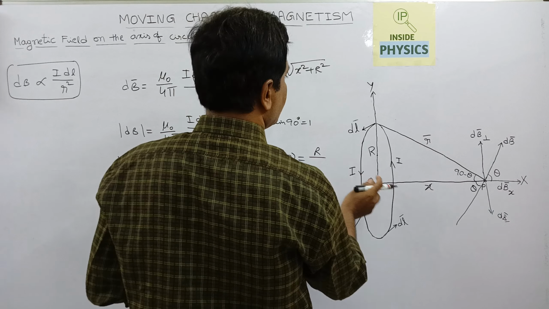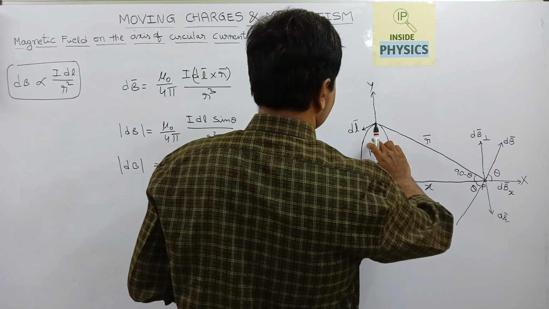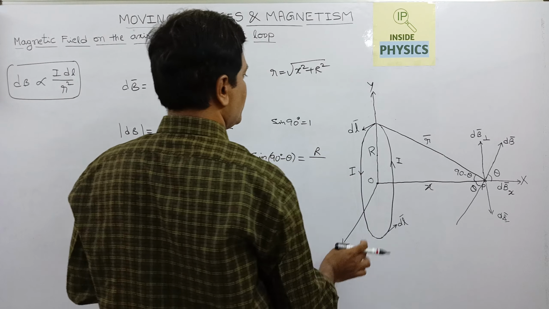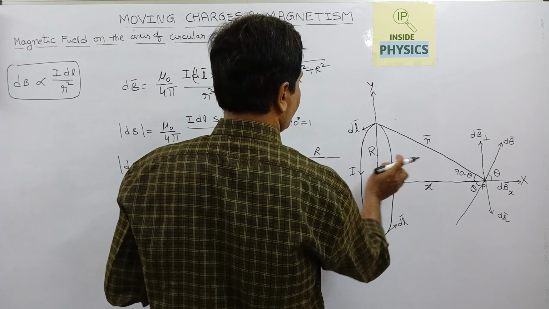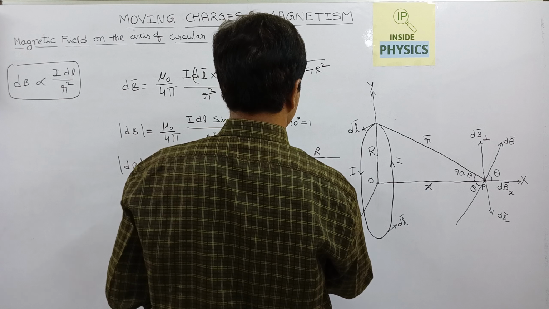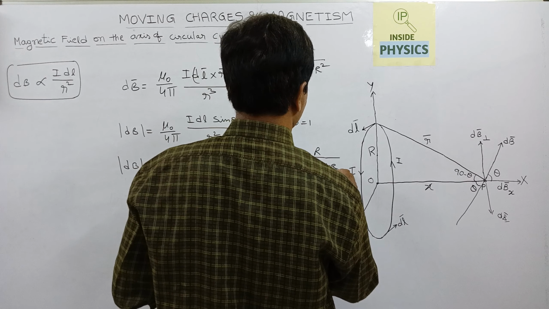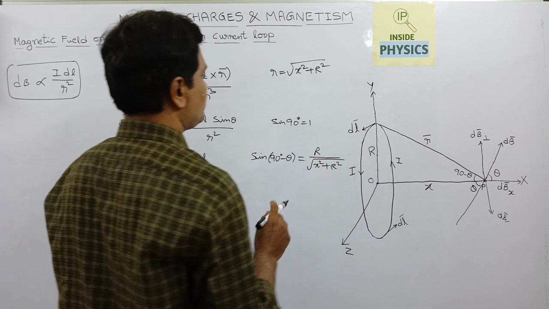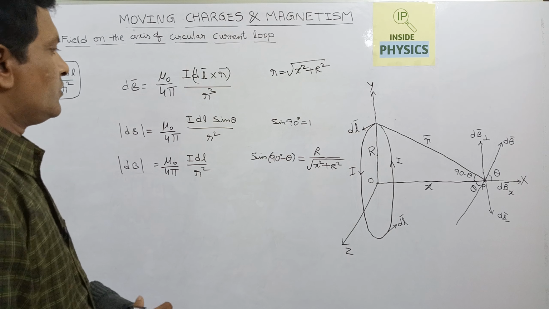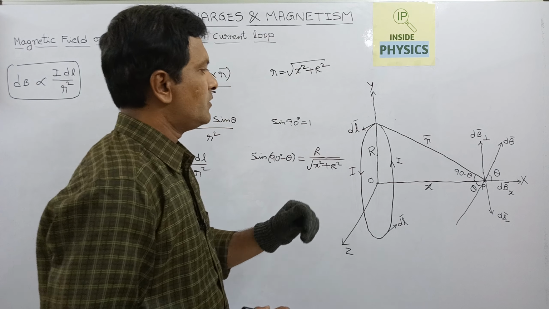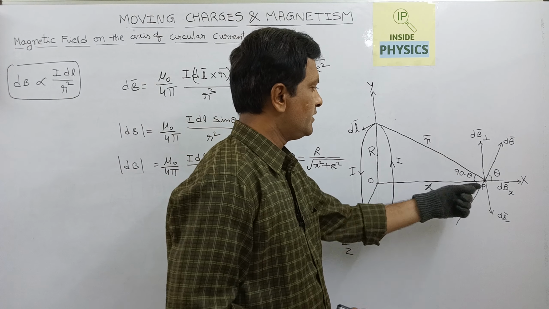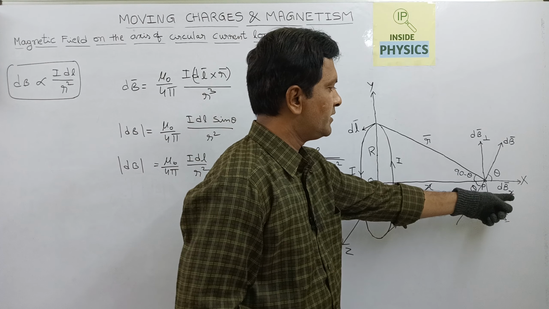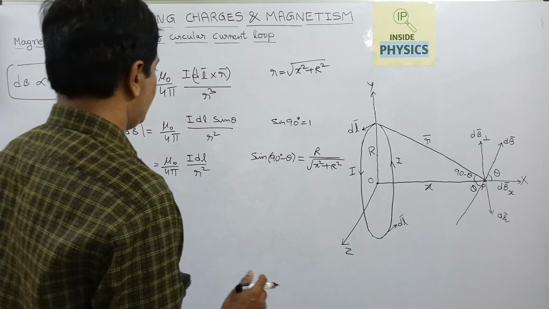So root of x square plus r square is the hypotenuse, this is a right angled triangle, so we can write r by root of x square plus r square. So we have now understood the only magnetic field on the axial line is along the x-axis, and it is represented by dB bar x.